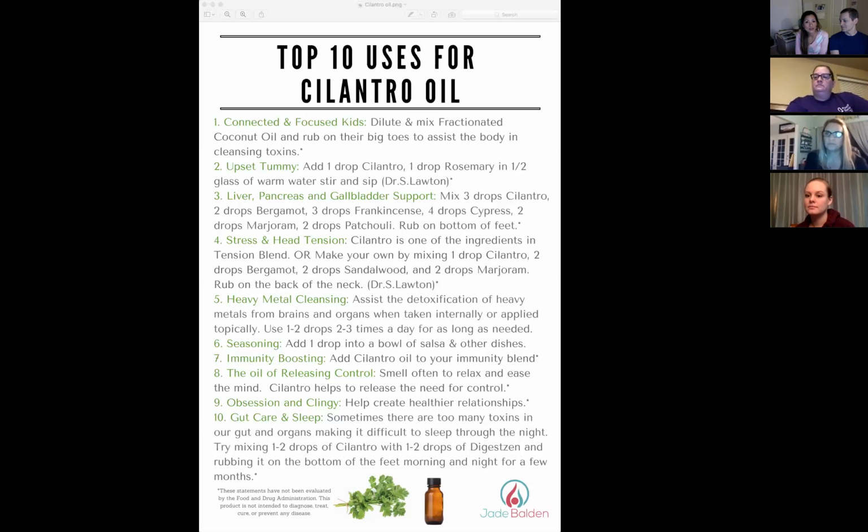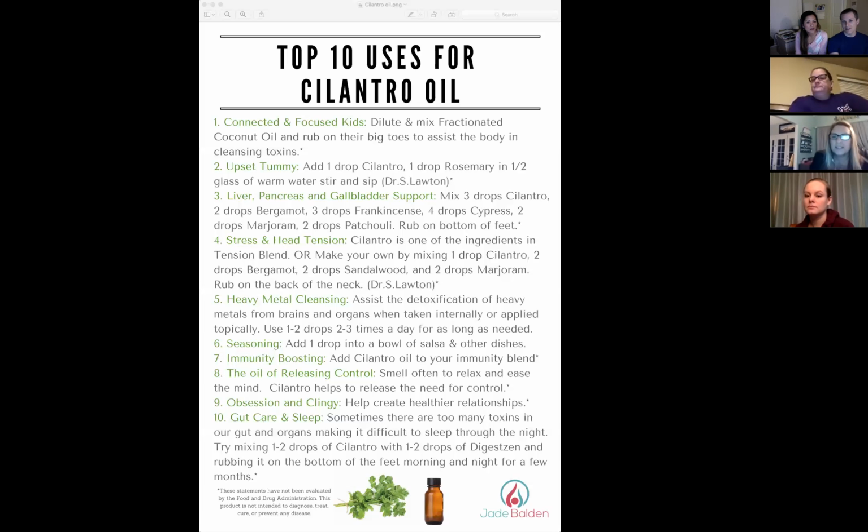I added it to our daily immunity blend, and I rubbed it on the bottom of their feet. I wanted to make sure my kids cleansed and detoxed. And so I think when they detox with cilantro, it also helps clear up their mind. Yep. They're able to think more clearly and make better choices.